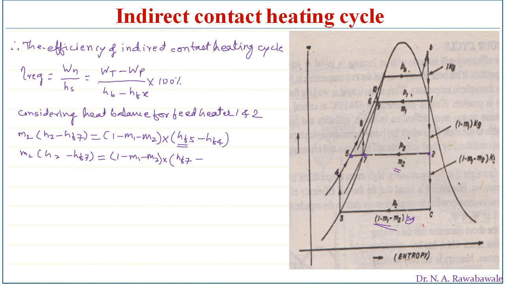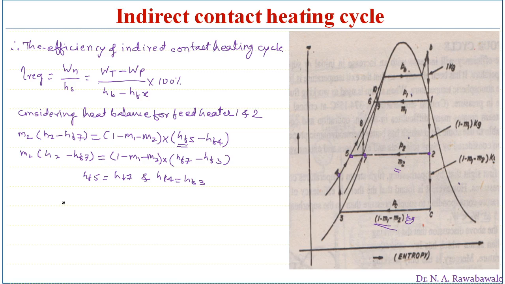If we neglect pump work, which is very small, enthalpy at point 4 is equal to enthalpy at point 3, so we can write HF3. What is the assumption? HF5 is equal to HF7 and HF4 is equal to HF3. So this is the assumption to write the heat balance for the first heater.